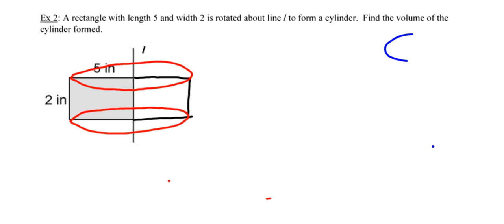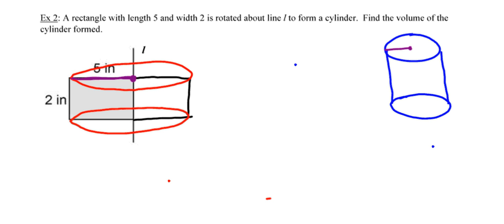So again, if it's helpful, you might want to redraw the cylinder so that it's a little bit less cluttered. And in this cylinder, it looks like the radius of the circular bases is 5 inches. And the height of that cylinder is going to be the 2 inches that came from that rectangle.